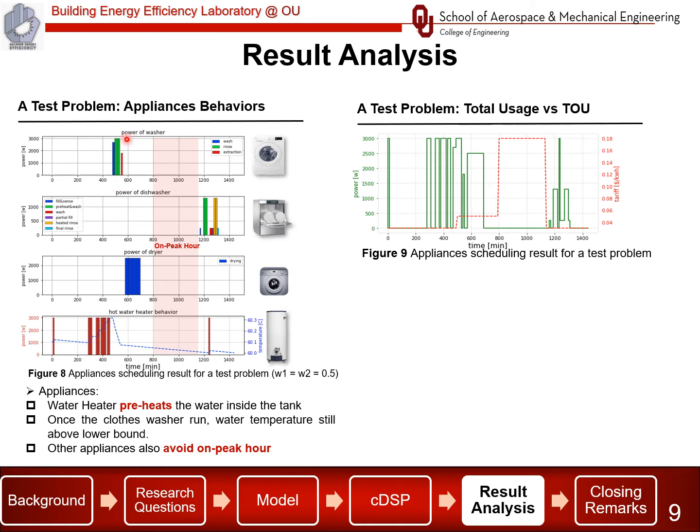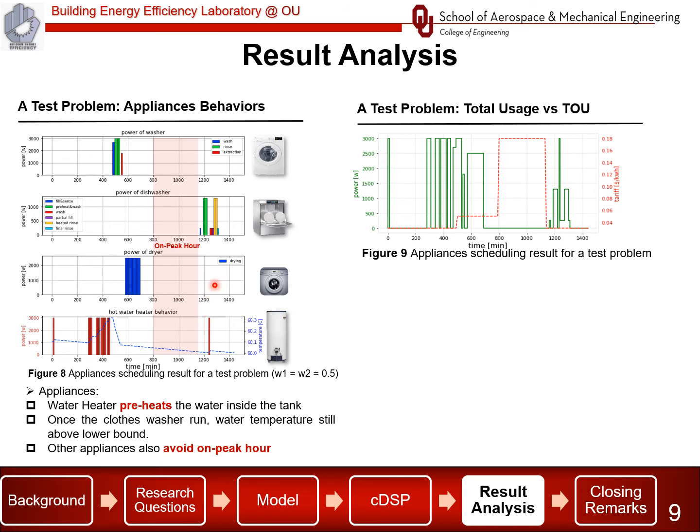After that, the washer will run. Because the washer runs, it will withdraw some hot water from the tank. That's why the temperature decreases in the tank. However, because the water heater preheats the water inside, it will decrease, but it will still be above the lower bound.